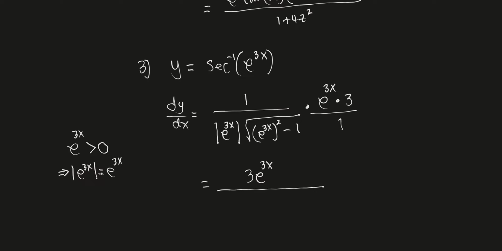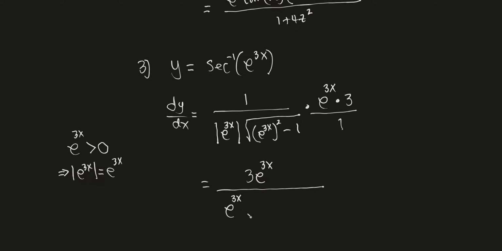In fact, there are some times when, if you're assuming that your variable is always positive, many times in the derivative of arcsecant the absolute value is actually left out, right? But in this case, we have another reason why it's left out, and that's because the e to the 3x is always positive, right?